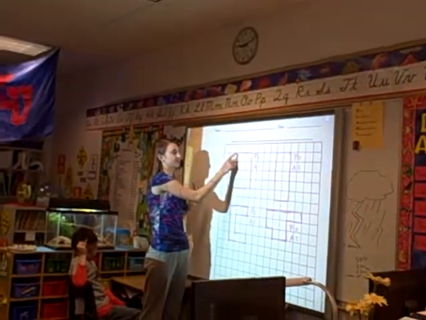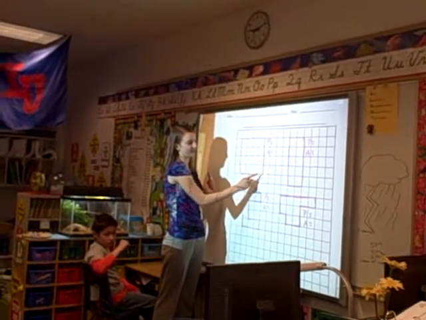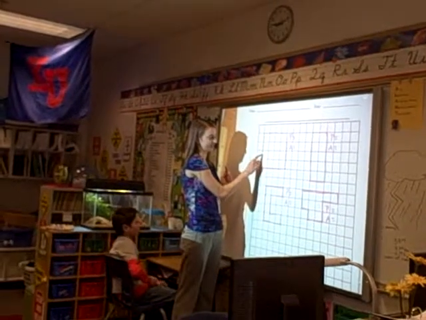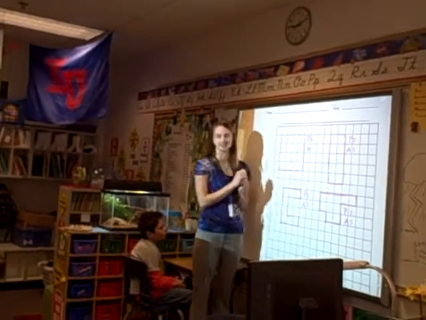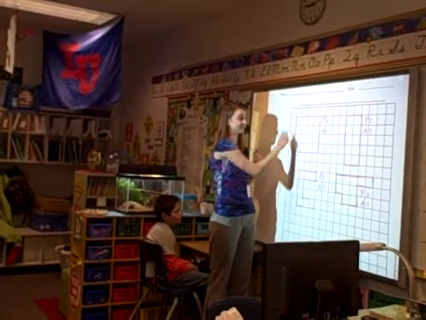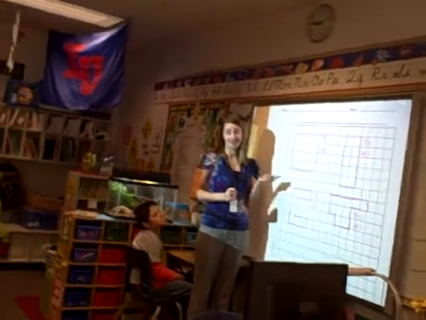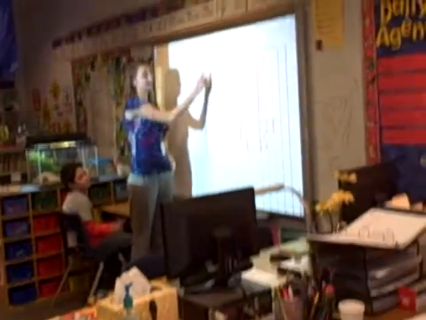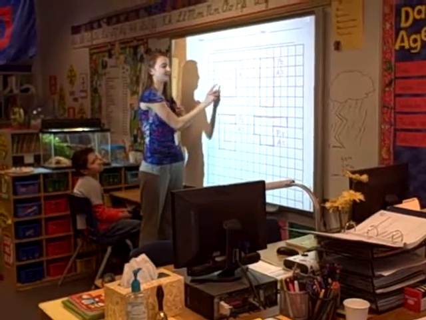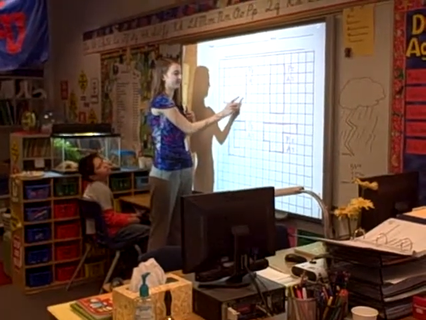So you have 1, 2, 3, 4, 5, 6, 7, 8, 9, 10, 11, 12, 13, 14, 15, 16. But if you find the area, you're going to count all the ones on the inside. And since this one's a square, the fancy little trick is it's going to be the same. So you have 1 through 16.